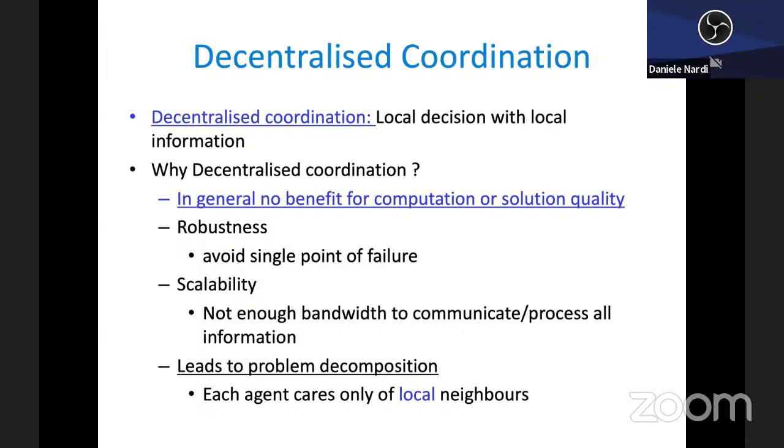So these features are really important when we have a system with multiple agents. In particular, this approach can scale up to large agent systems, and it is robust, because if an agent stops working, the malfunctioning, so to speak, is limited to that particular agent without affecting too much all the rest of the system. While in a centralized system or other structures, a point of failure can have a much larger impact.